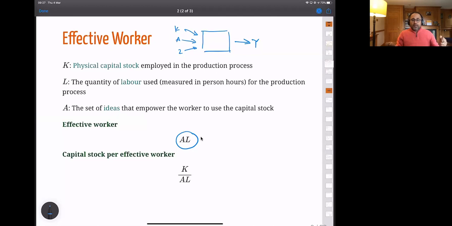A could be the human capital of the labor, so how skilled they are on their own to use the machine. So A could be a bunch of things, but the idea is within A, we have an ability to change the productivity of the worker. Any questions about this? I think it was a new concept. The idea is slightly convoluted, but we'll see exactly why it's very useful in the production function.